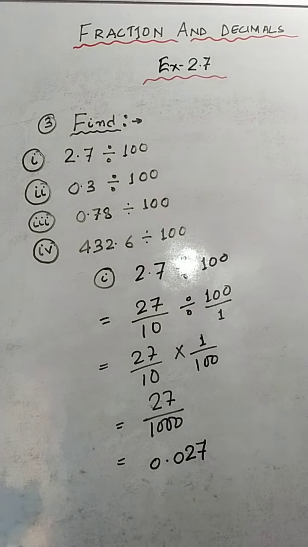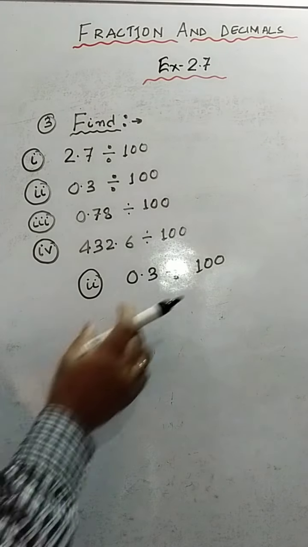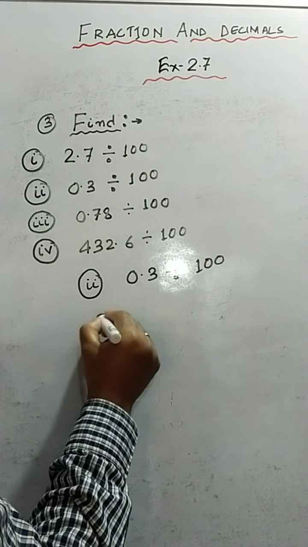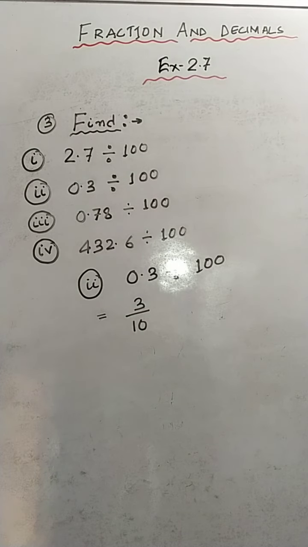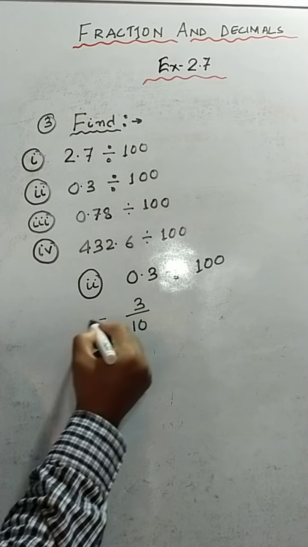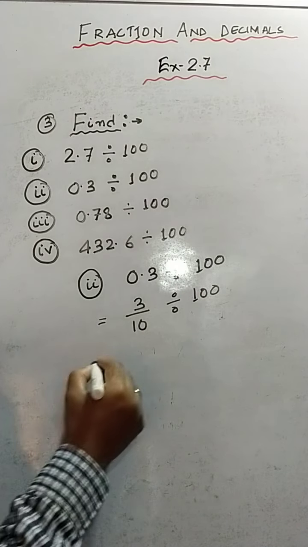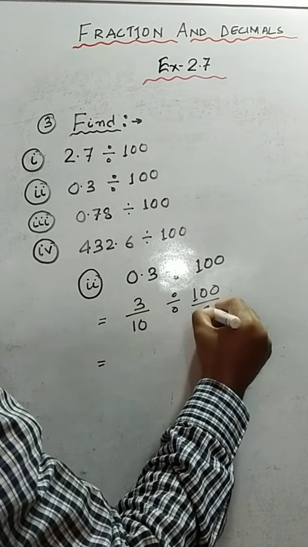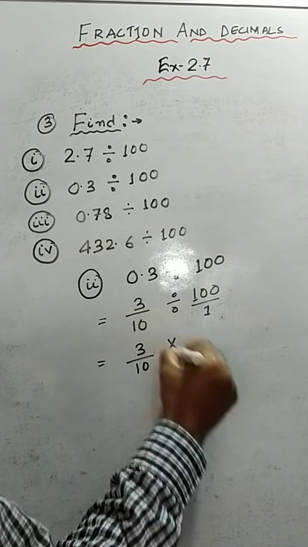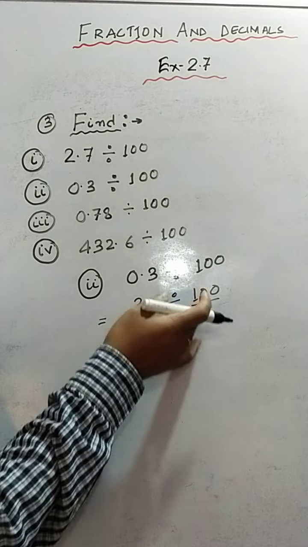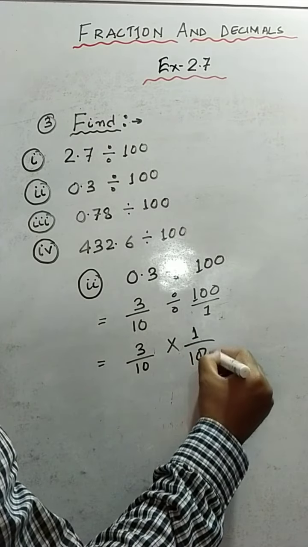So let's move on to sum number 2. We have 0.3 divided by 100. The next step, we'll change this decimal form to the fractional form, and it will look like 3 upon 10. Then we'll write the division sign and then 100 by 1. Now 3 by 10, in place of division we will write the multiplication sign, and the fraction will be reciprocal, so it will look like 1 upon 100.